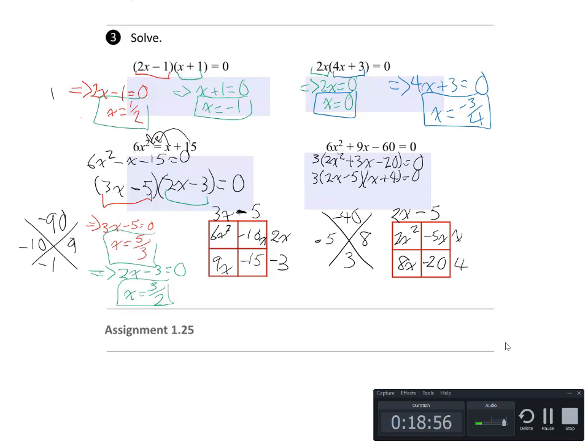And just like we did before, you have your left set of brackets and your right set of brackets. I'll use red and green again, so red over here. That implies that 2x minus 5 equals 0, which then implies that x equals 5 over 2.